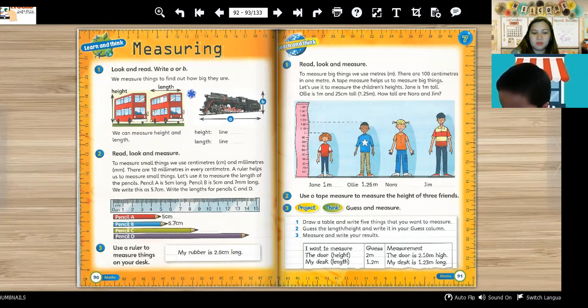My keyboard is 29.5 centimeters long. Yes. Oh, very good.